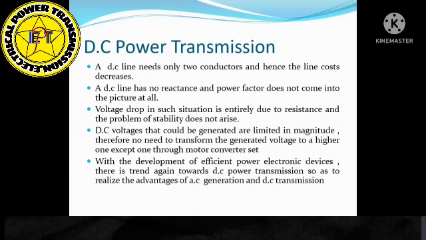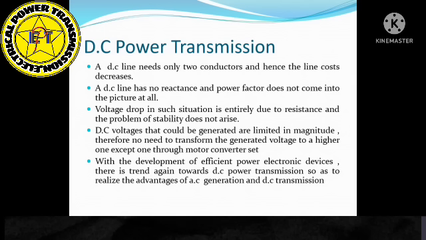As we know that AC transmission line is three-phase, three-wire system, whereas in DC transmission line, irrespective of the voltage, either it is 800 kV, 1000 kV, 500 kV, it is always composed of only two conductors, whereas AC transmission line consists of three different phases.